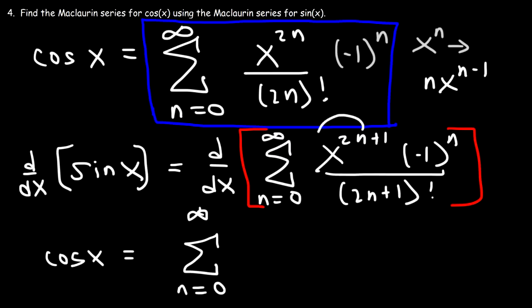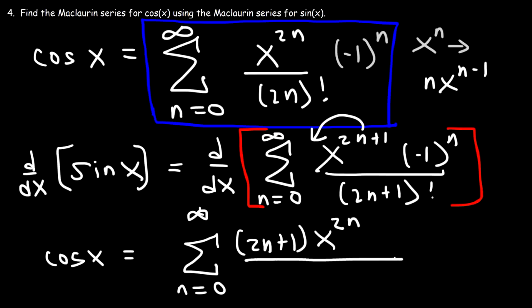So we need to take the exponent and move it to the front. So that's going to be 2n plus 1 times x, and then we need to subtract the exponent by 1. What is 2n plus 1 minus 1? That's going to be 2n.